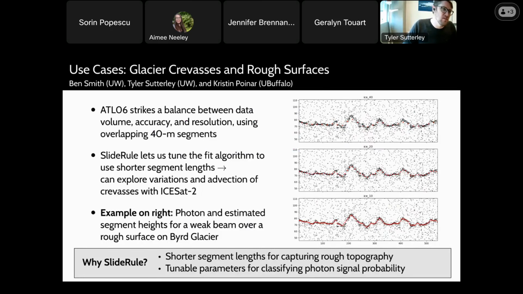So one way that we could use SlideRule here is that we used different photon classification, and we use really short segment lengths so we can get not an aliased sampling of these surfaces, but a really locked on measurement of the surface. On the right, this is at Bird Glacier, but we've done this for a number of glaciers in Greenland and also on floating ice shelves in Antarctica.